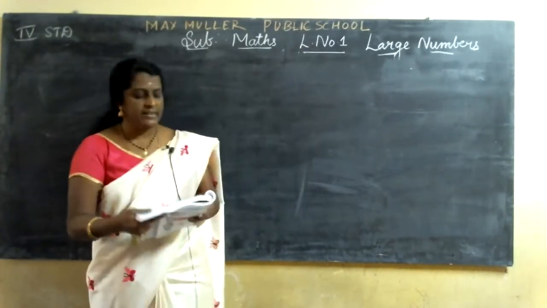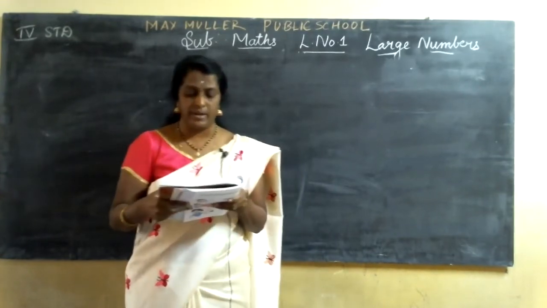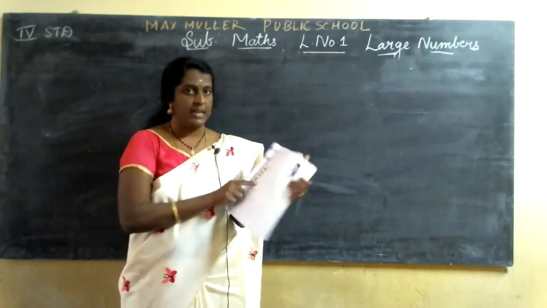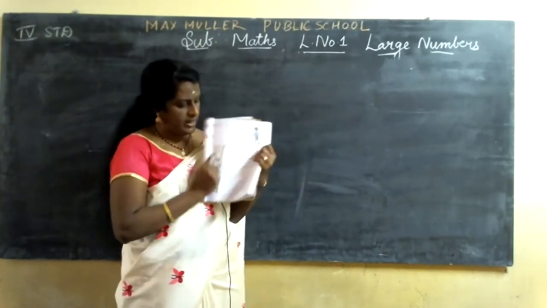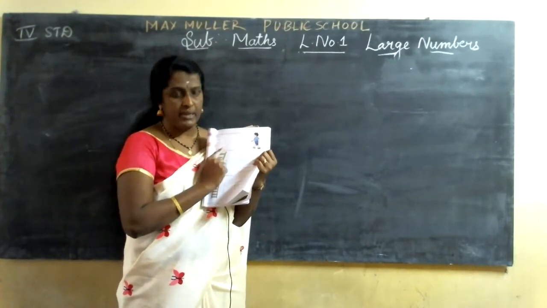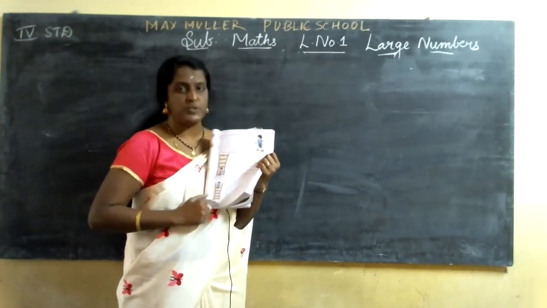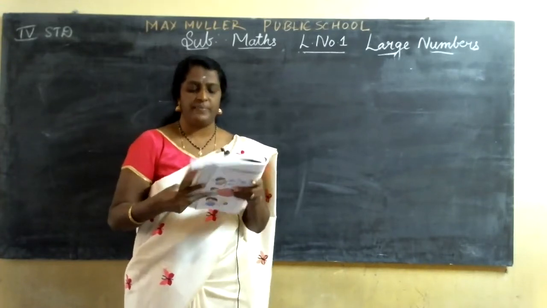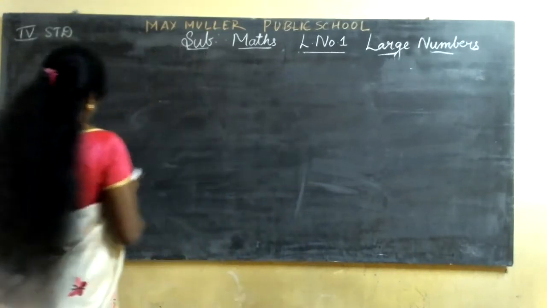Okay. Next, write the numbers in ascending order. You know ascending order, small to big. Here, an example is there. Last class, it was exercise 1. See, small to big. Descending means big to small. Okay. So, first one. Only the first one I will write.